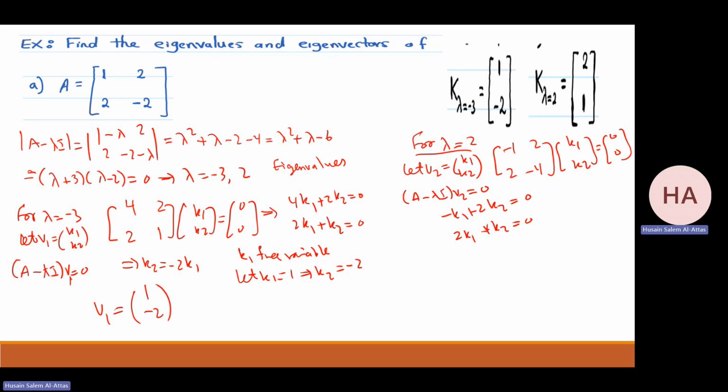Multiply the first one by minus 2, you get the second one. So I have K1 equal to 2K2. So K2 is a free variable. So I let K2 equal 1. So K1 will be 2. So the eigenvector for lambda equal 2 will be 2 and 1. So I have this and I have this.